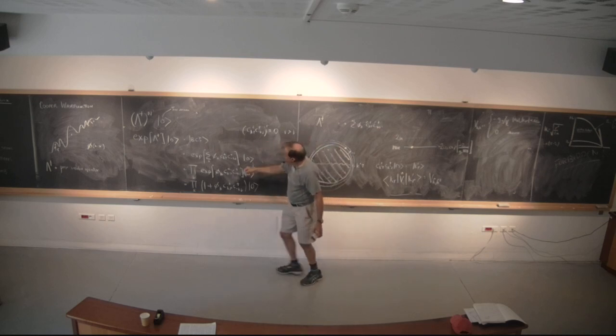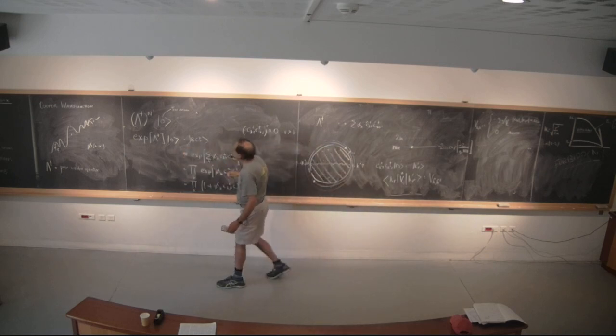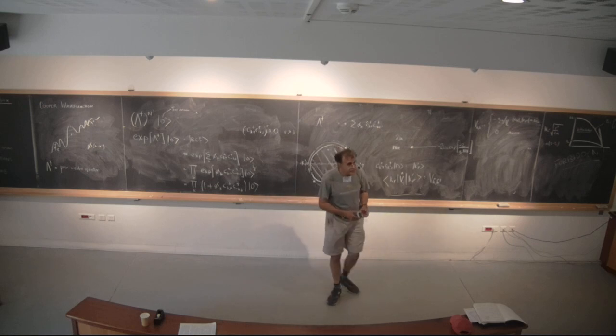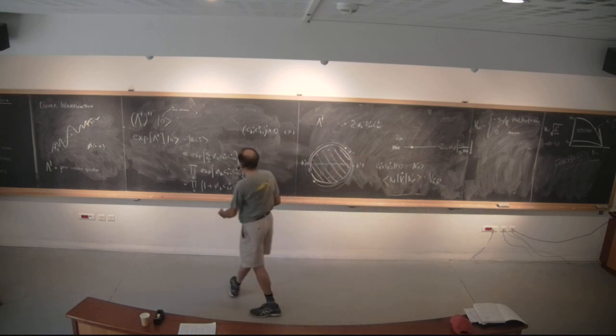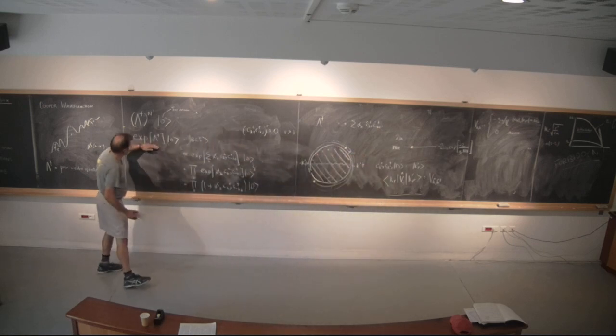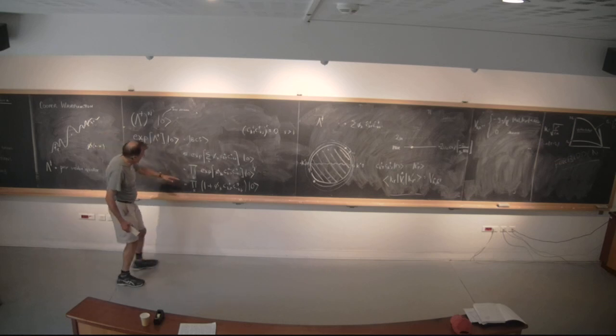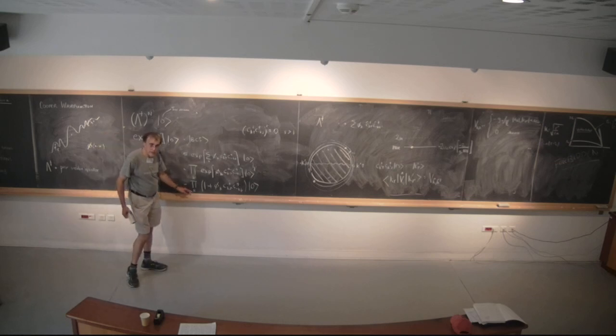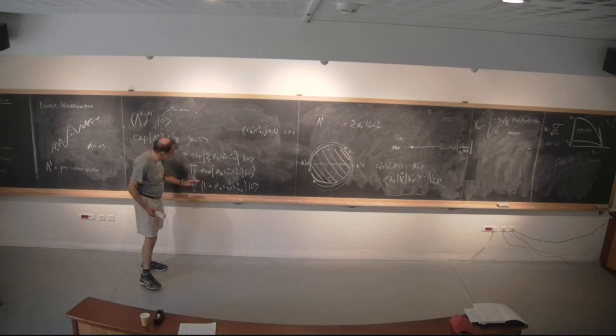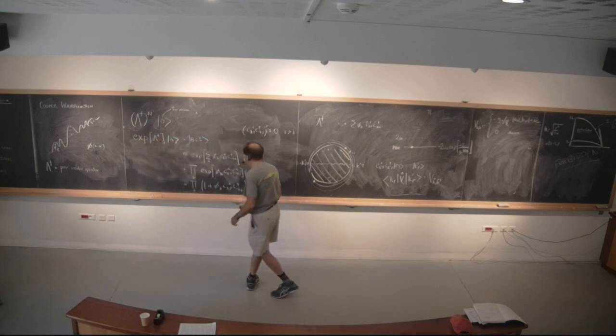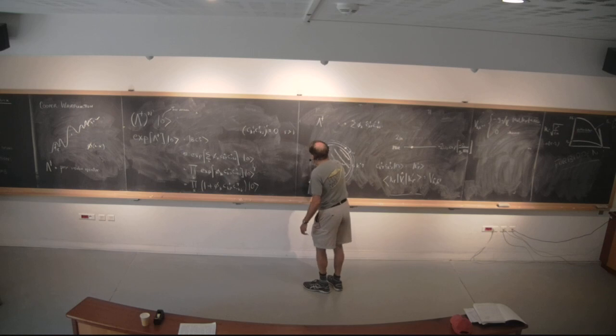Every single step here is an identity. And so, in fact, you can write the BCS wave function as a coherent state, or you can write it in this product form, which is the familiar form of BCS. BCS normalized this wave function. This is not a normalized wave function.